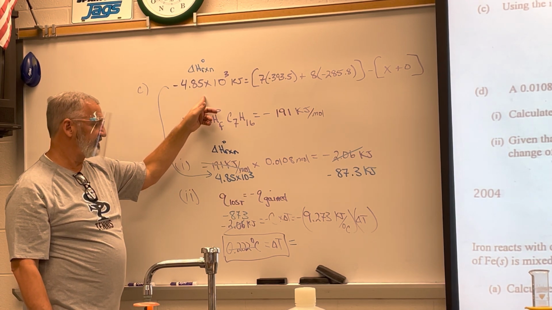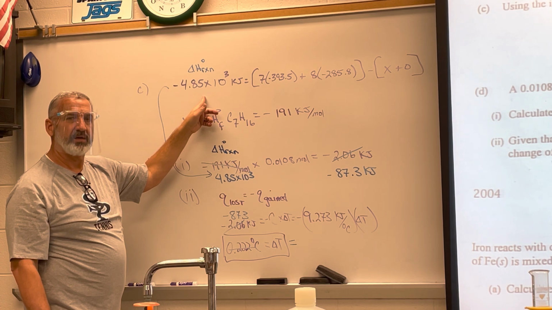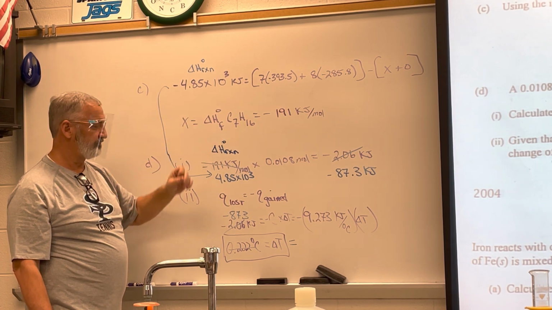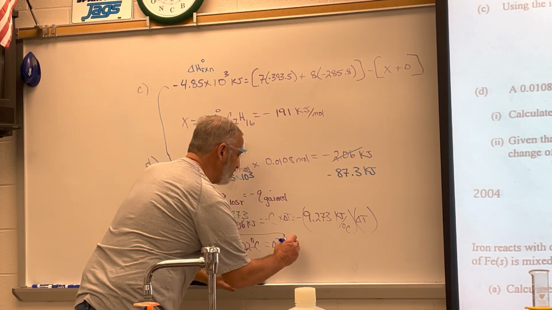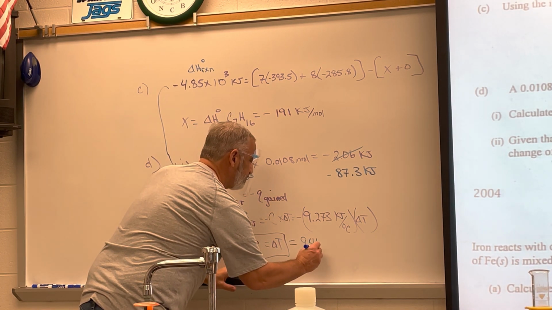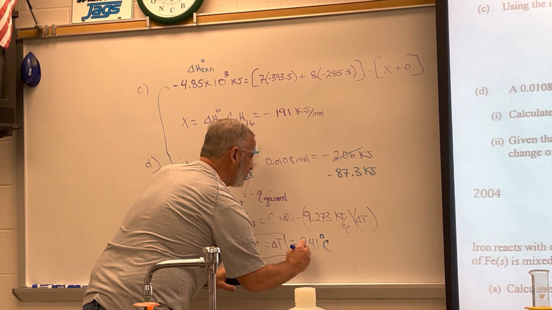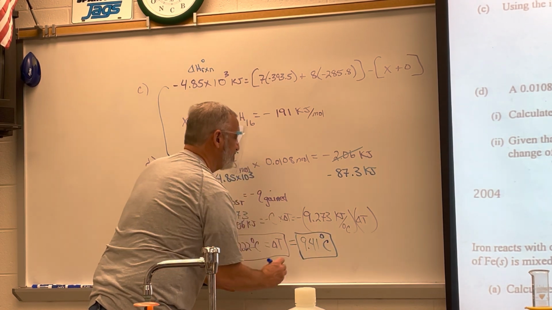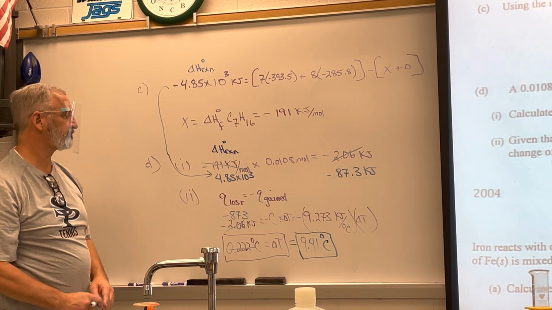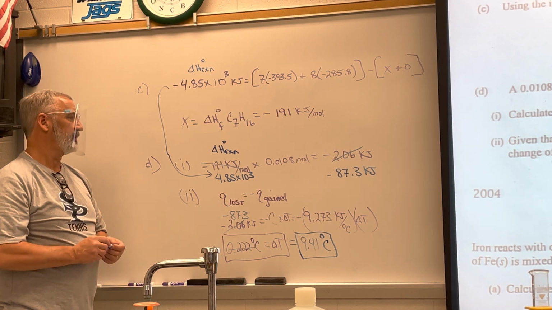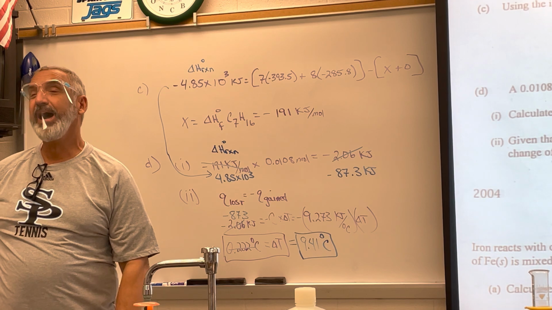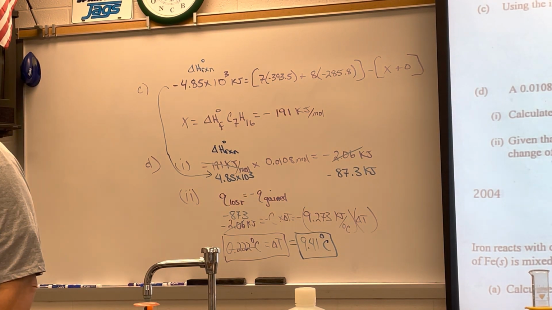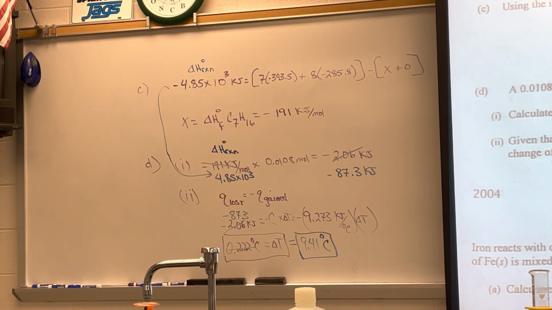How many did you get a new answer? Check it: 9.4144. Okay, so 9.41. Okay? So, I highlighted a very common potential mistake.